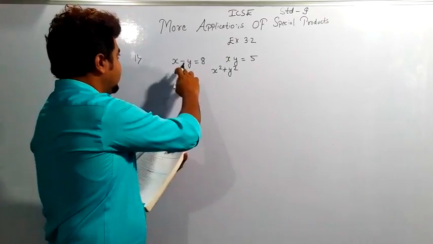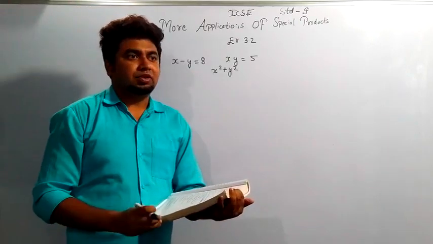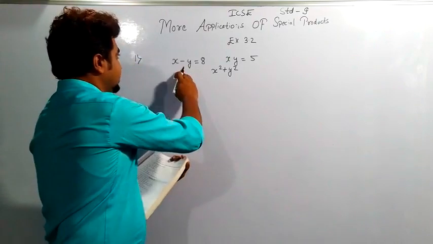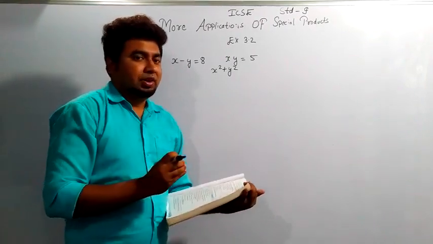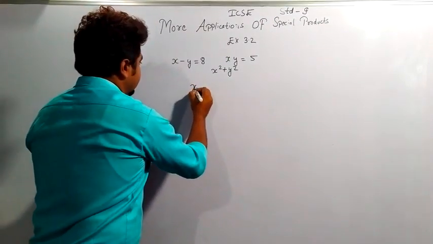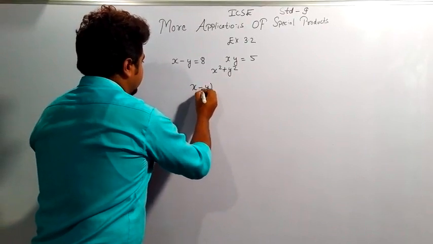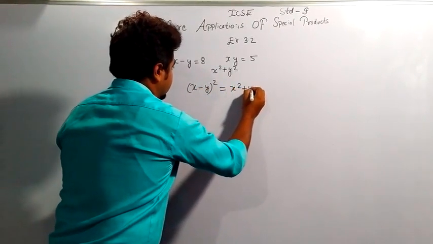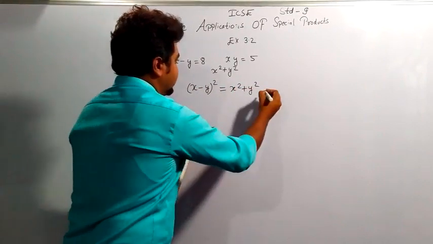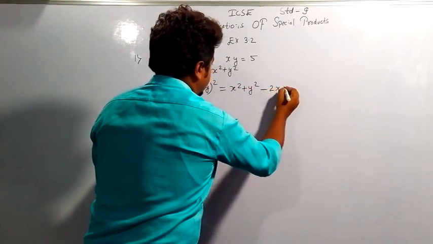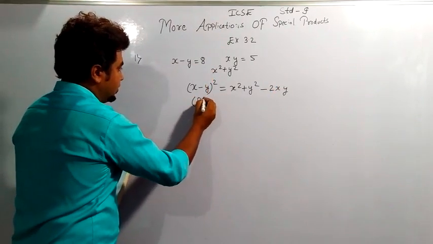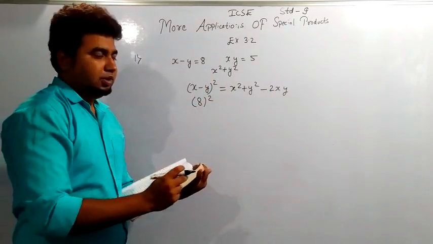Now x minus y is given, or x plus y is given, so I am insisting that you should take the square of this. So x minus y whole square is equal to x square plus y square minus 2xy. As we know, the value of x minus y is 8, so it will be 8 square.